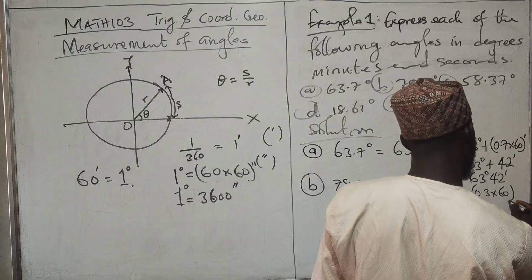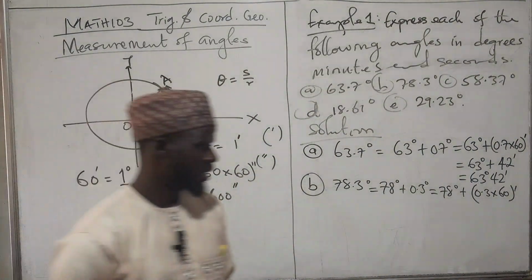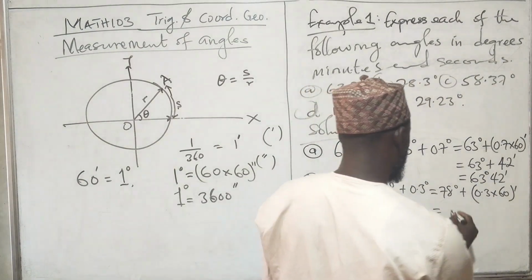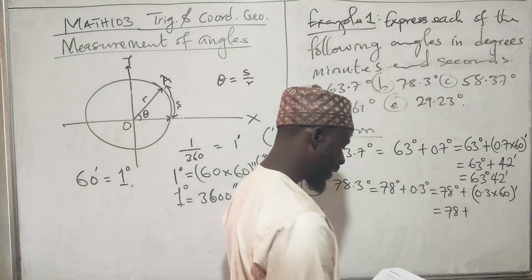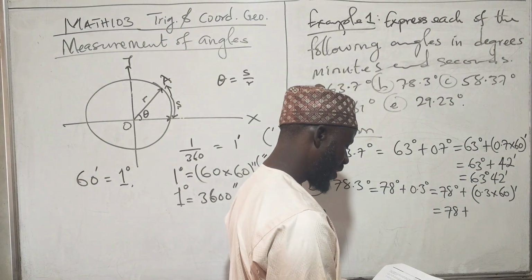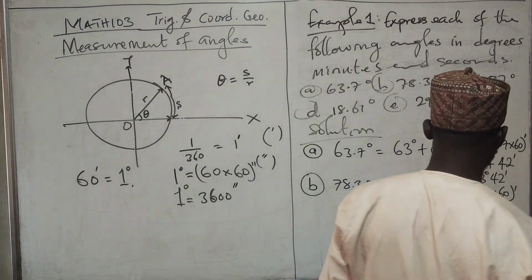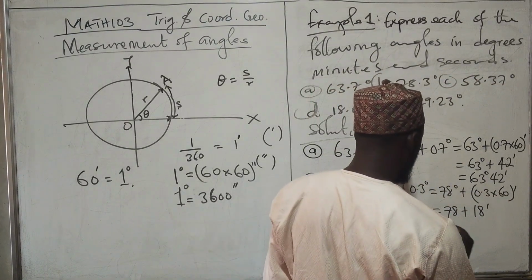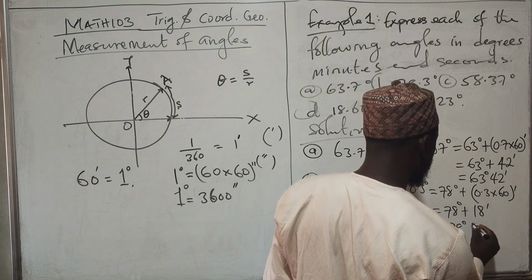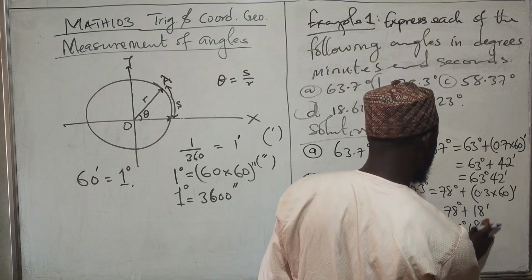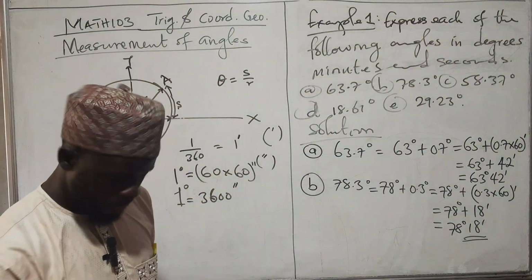After the multiplication, the answer is in minutes. And so this is equal to 78 plus, 0.3 times 60 will give us 18 minutes. So this is equal to 78 degrees 18 minutes. And that is the answer for B. So we now go to C.